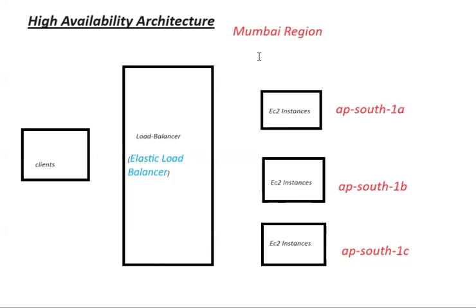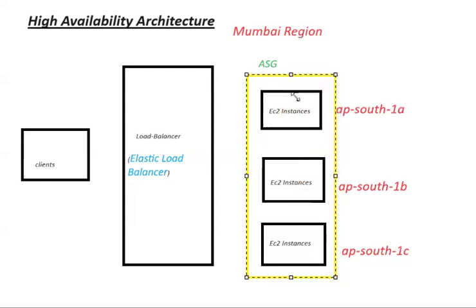To scale automatically based on the need or traffic, I need to provide an auto scaling group, for performing auto scaling of whatever servers I have. These are the servers, right? So to provide auto scaling of these servers, I require this auto scaling group. In this way, I can provide the high availability of my architecture in AWS.